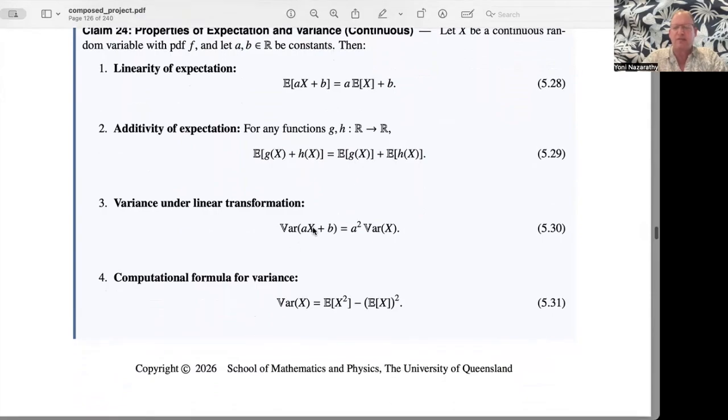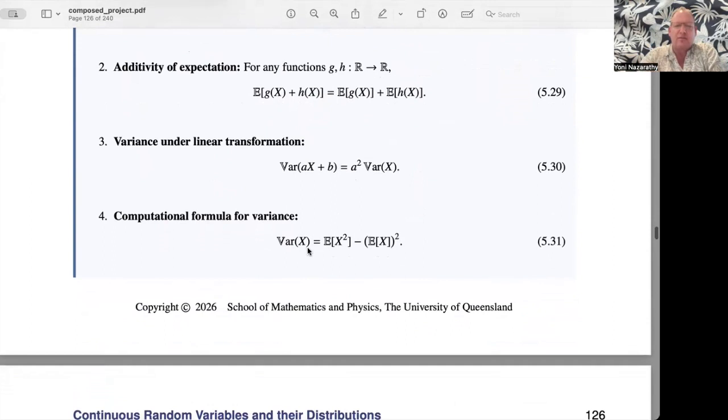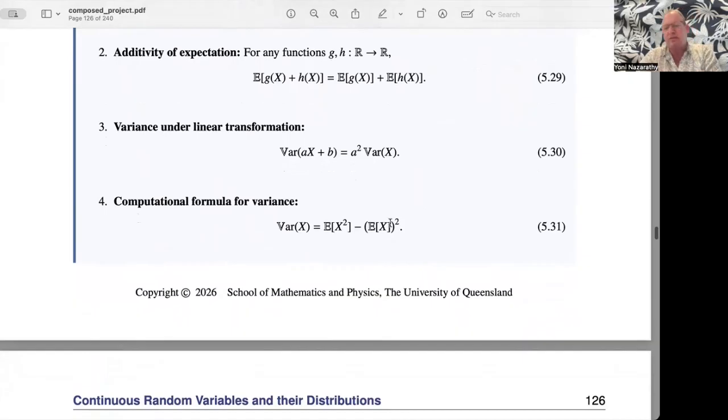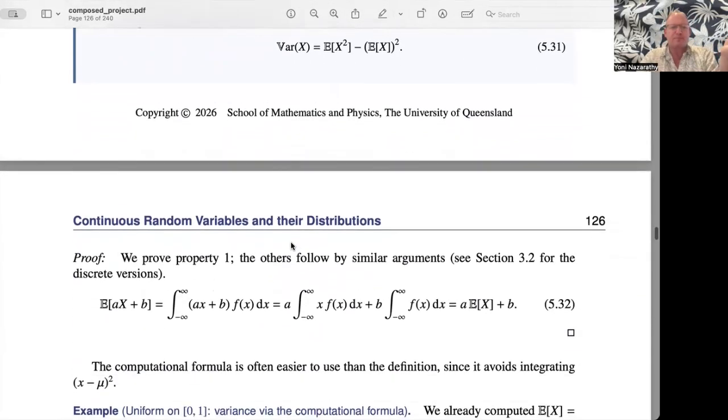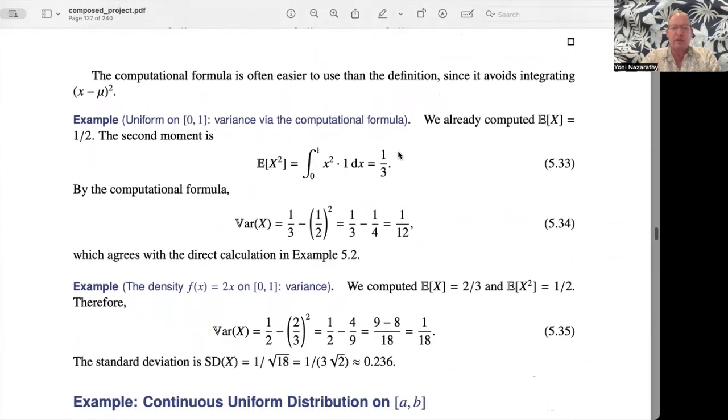The variance of the affine combination is not troubled one bit by the shift b, but a goes outside squared, and the derivation is analogous in the continuous case to the discrete case. And finally, the variance of x is the second moment minus the first moment squared. So if you're talking about mean zero random variables, the variance is the second moment. The proofs follow in the same way.